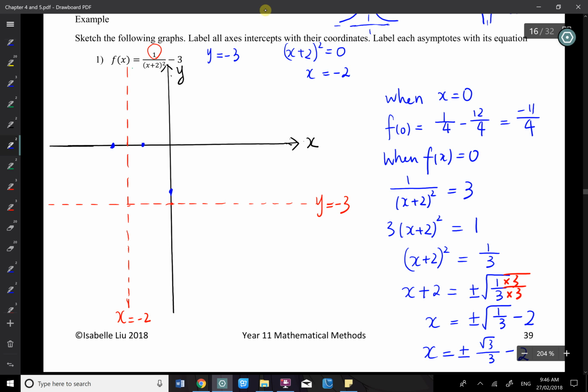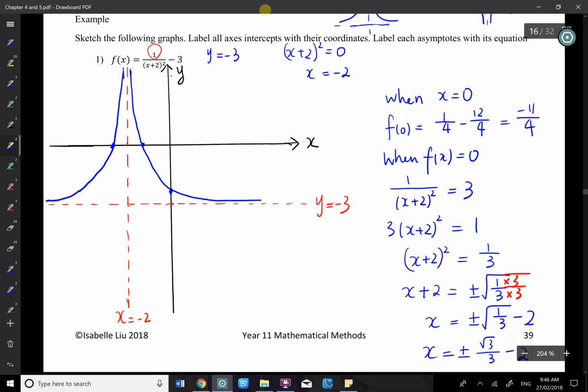So the shape of the graph must be this. I can't finish the other side. I don't have enough space.